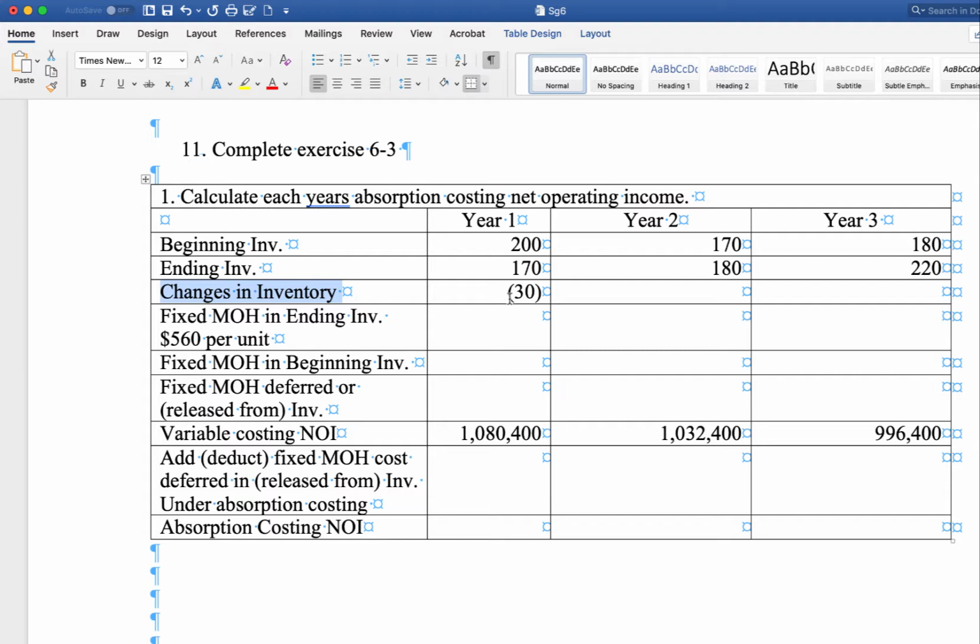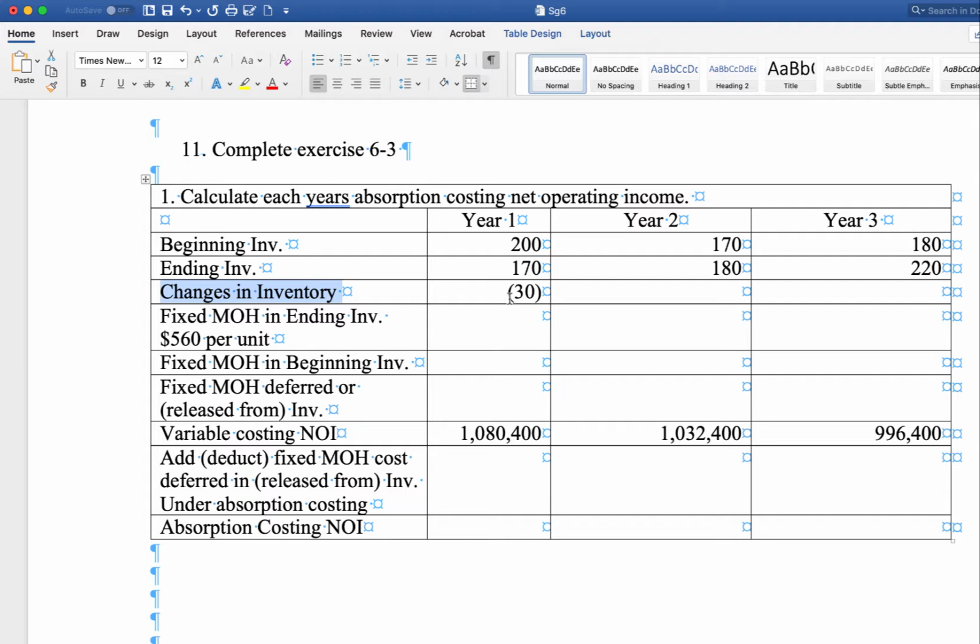So let's think about it this way. If our inventories are going up, meaning beginning inventory is 100 and ending inventory is 120, okay, so our inventories are going up. Net operating income is going to be higher under the absorption costing method, and it's going to be lower under the variable costing method.